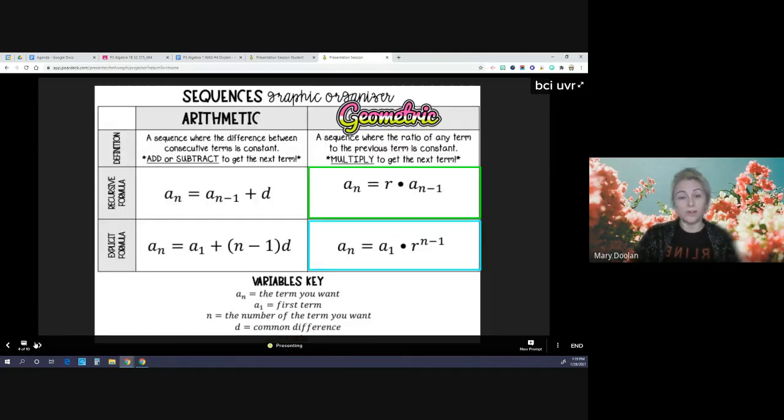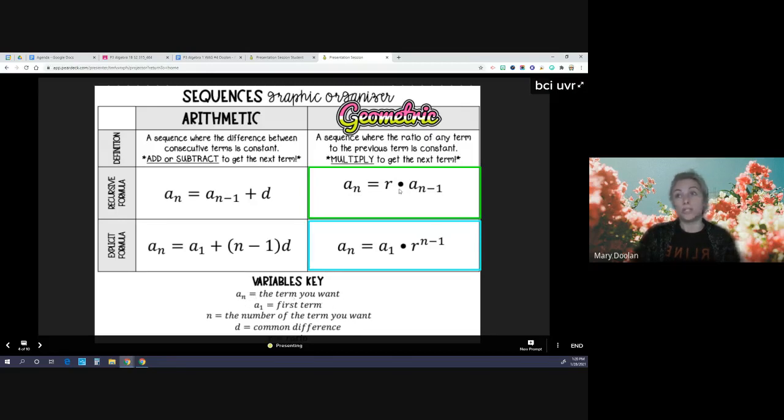Here's that graphic organizer I shared with you. Okay, so this is the stuff we're on this week, geometric, right? There's the recursive formula. This time it's in terms of a sub n. Okay, so the nth term, right here, a sub n equals the term you want.